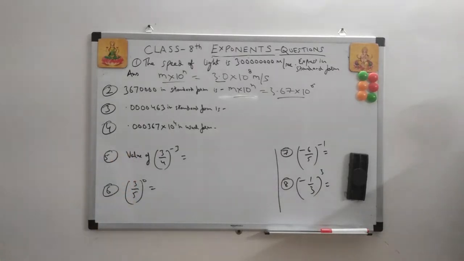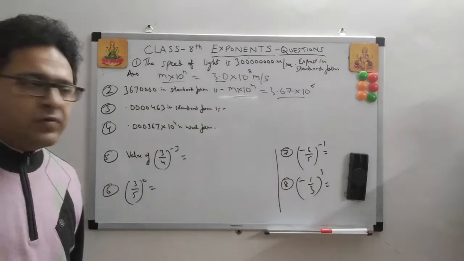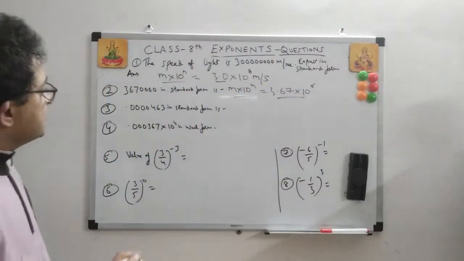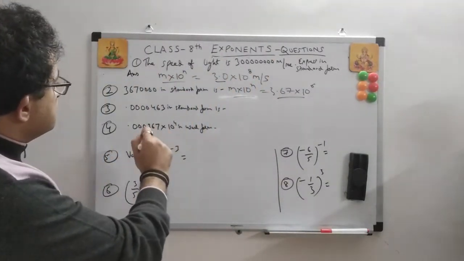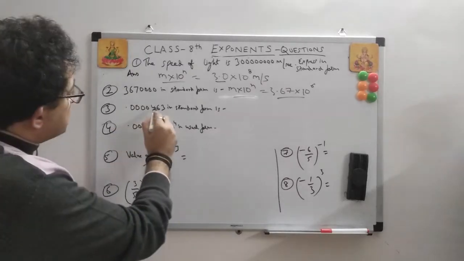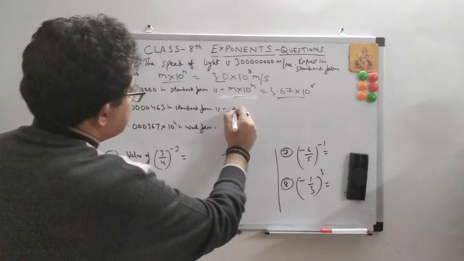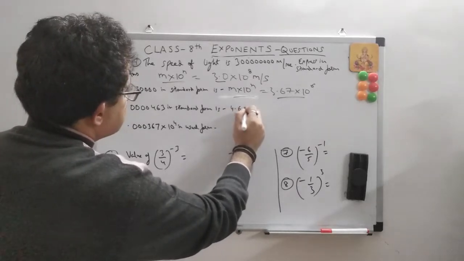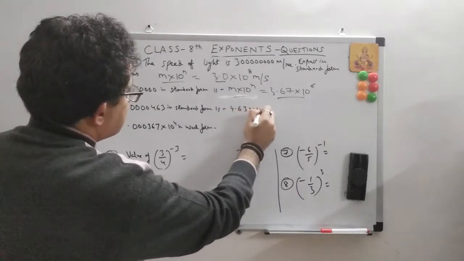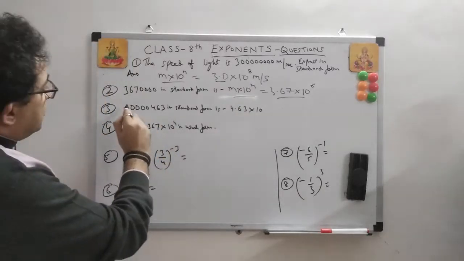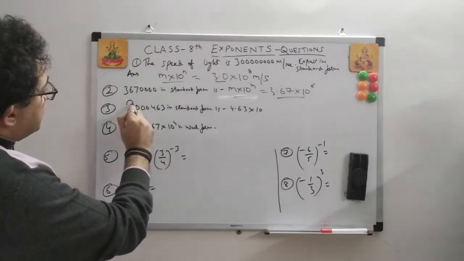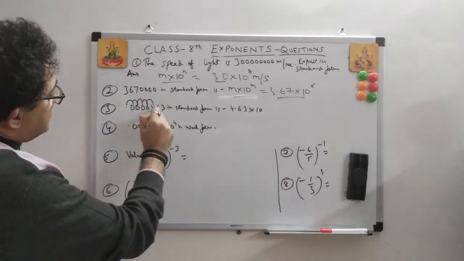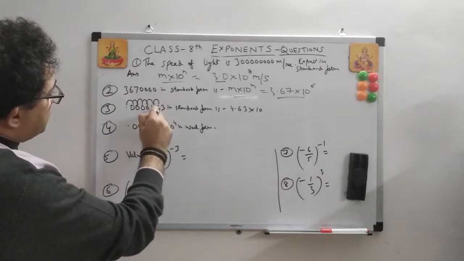Again, a similar question. You have to put this in a standard form. So it has to be again in this form, 4.63 into 10 to the power... See, taking the decimal to the right, 1, 2, 3, 4, 5, 5 places. This is the sixth one. So after 5.